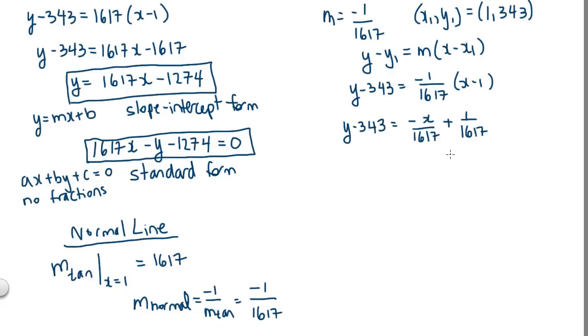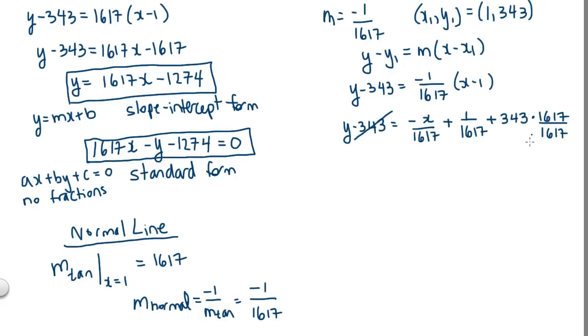Now, in order to save us a step here, let's move the 343 over to the right side. It's now going to be a plus 343. So just move that term over to the right side, and we're going to want a common denominator here so that we can combine these two terms. So let's multiply by 1617 over 1617 to figure out what this constant here looks like.